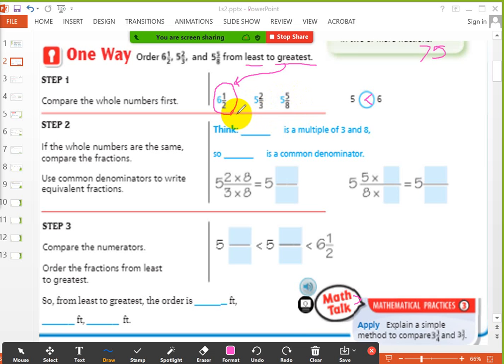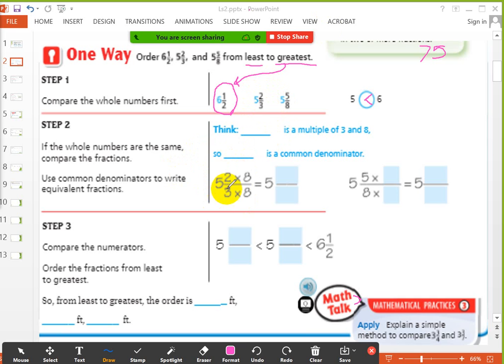Okay? Both. So first, I will multiply the numerator and denominator by the same number to find the equivalent fraction that equals 2 over 3, because I want to compare the fractions.